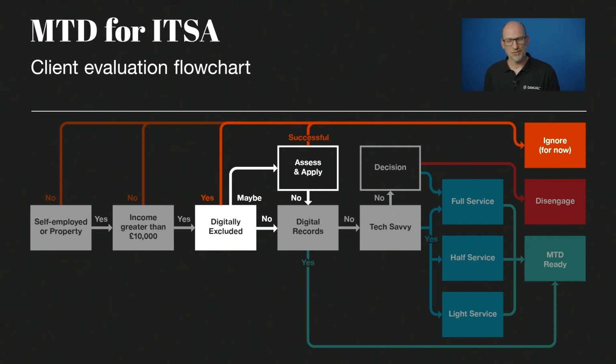Having spoken to some practices, they go hard after getting these digital exclusions on behalf of their clients, and they have quite a decent success rate, but they do admit that it's quite a lengthy process, and you have to do a lot of convincing with HMRC to prove that they're not capable for those reasons.